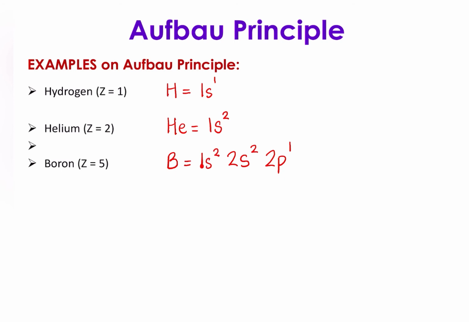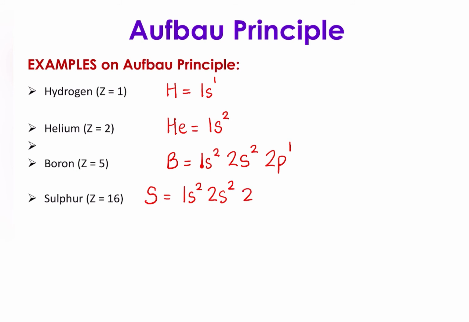Next one, saya ada sulfur. So sulfur, my value untuk elektron adalah 16. So how to do this? I got S, capital S sebagai simbol untuk sulfur. And I will fill in 2 dalam 1s, 1s2. And then 2s2, kita dah guna 4.